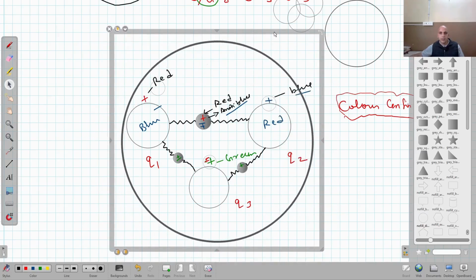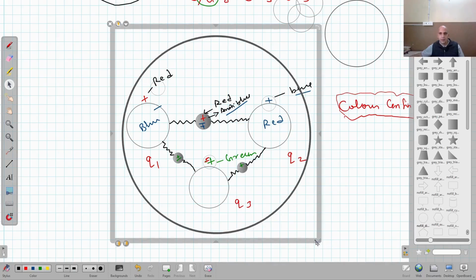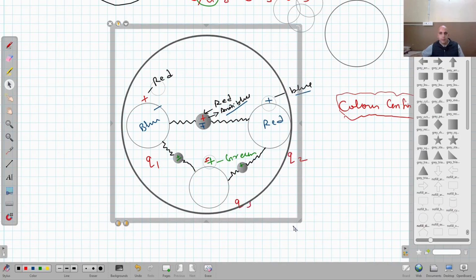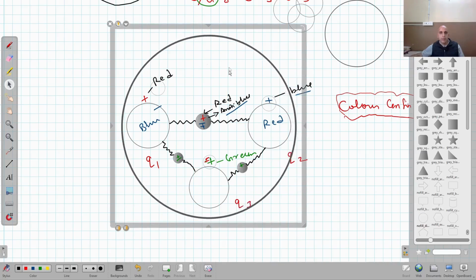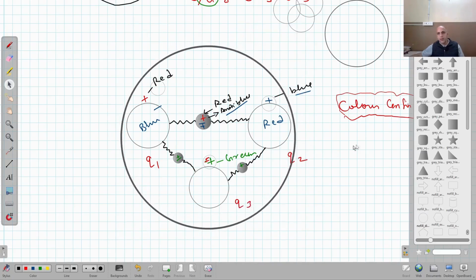Now you can see here these three quarks are present inside the proton, and I was saying that I want to pull apart this quark, right?